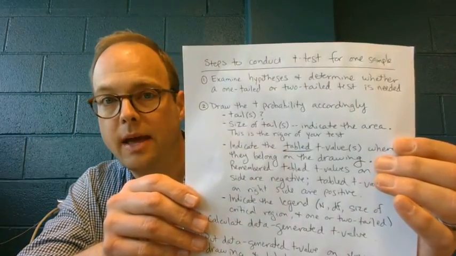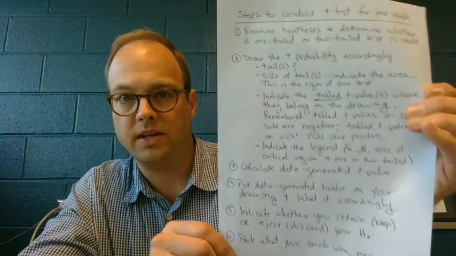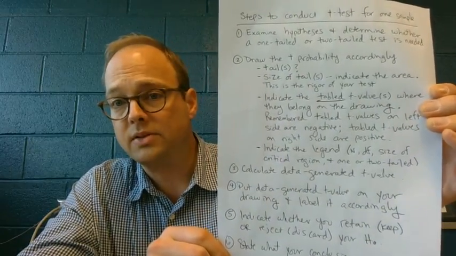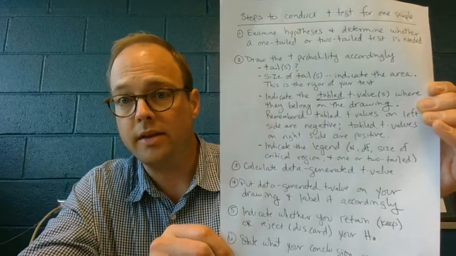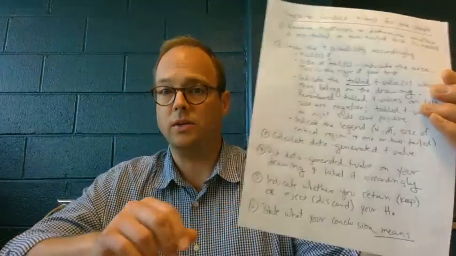You will also find those steps loaded up on the Blackboard as well. That handout looks like this. Steps to conduct a t-test for one sample, 1 through 6. So those steps are followed for the 4 cradle to grave examples that I provide you. Again, complete examples.